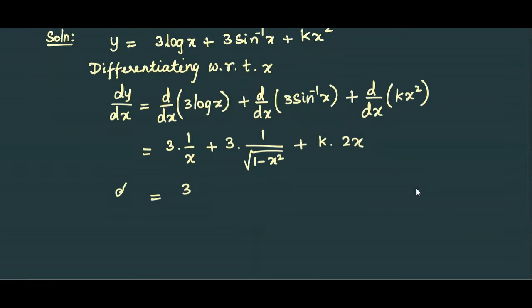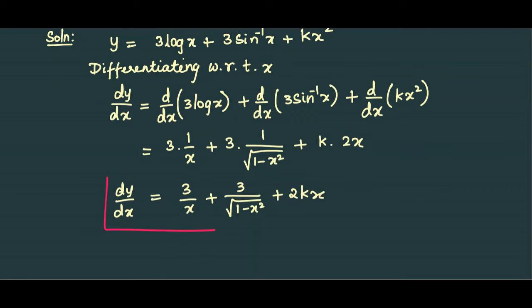So dy by dx is 3 upon x plus 3 by under root 1 minus x square plus 2kx. So this is the solution. Please check your result.